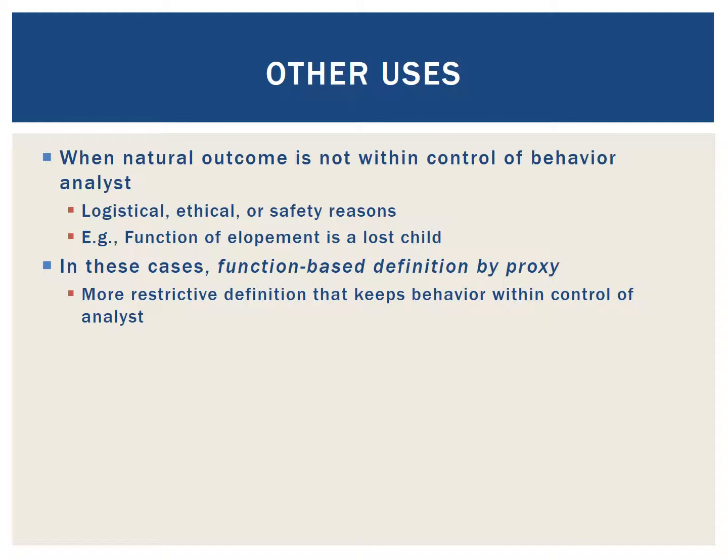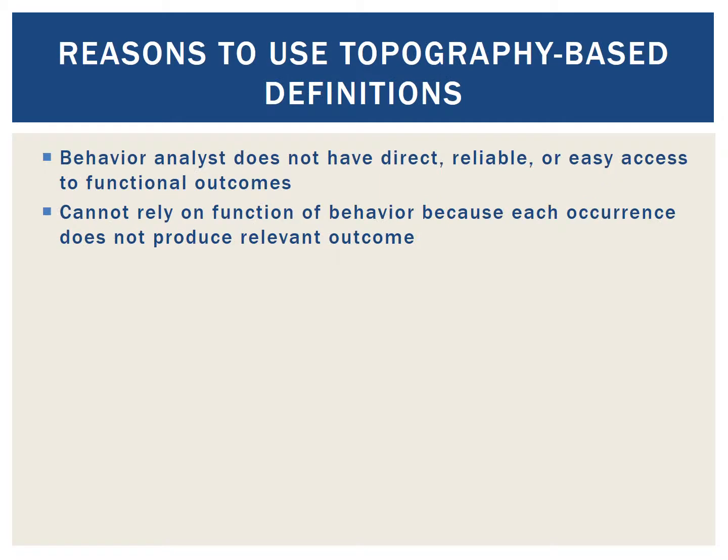And there's covariation within functional response classes, so that if you have one behavior in a response class increase and it's actually functioning to meet the person's needs, the person doesn't have the need to engage in the other behaviors. So typically when function-based definitions are used, it's an intervention that is associated with functions of behavior in response classes.